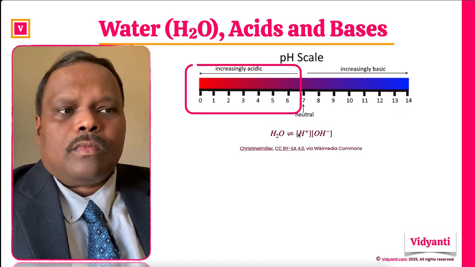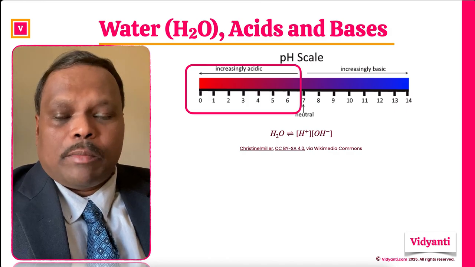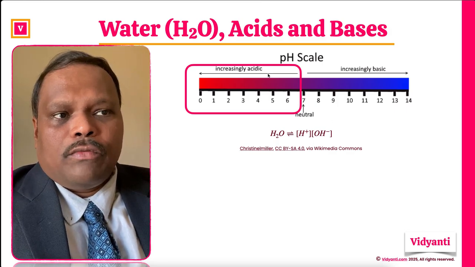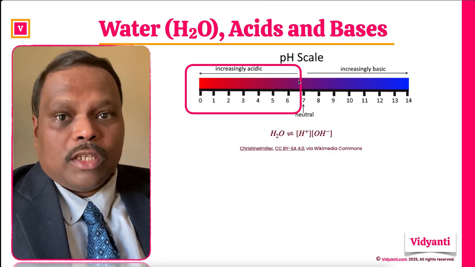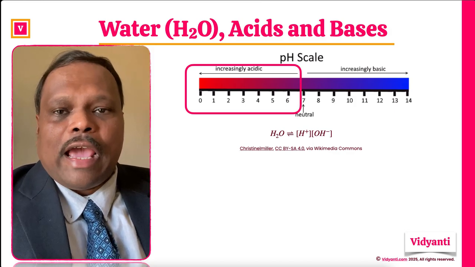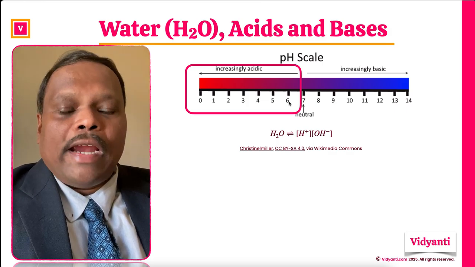Now, if you go towards the left side, the concentration of H plus ions will increase, and that will make the solution or that particular substance acidic. Now, note that if you go farther from this neutral point, you are going to get increasingly acidic solution. So, if you are at 6, you will have mildly acidic.